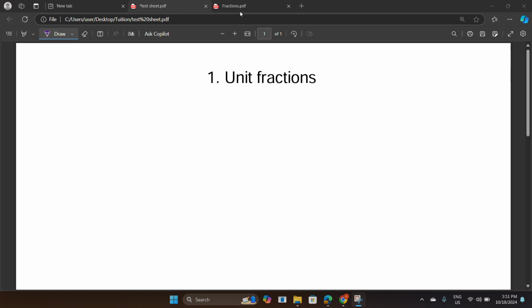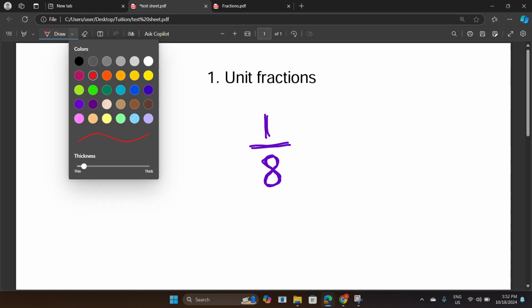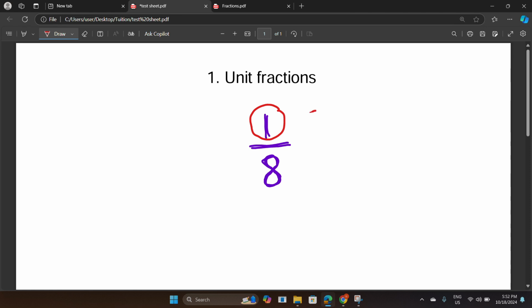You know how to write fractions, right? This is how we write fractions. This is one example of a unit fraction: 1 over 8. This is read as 1 over 8. And this number 1, the number written above the line, is called the numerator.